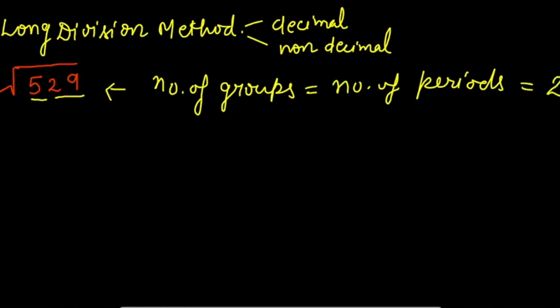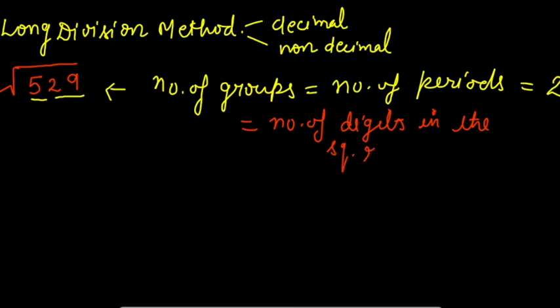We don't say 1.5. Even if there is a single digit, it is counted as one complete period. Okay, and the interesting thing here is the number of periods will be equal to the number of digits in the square root of 529.